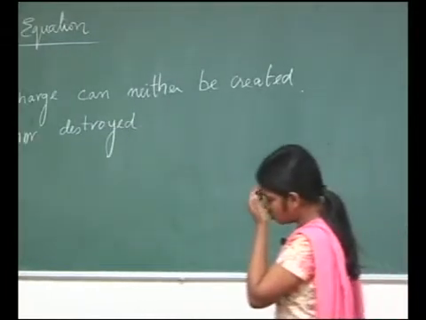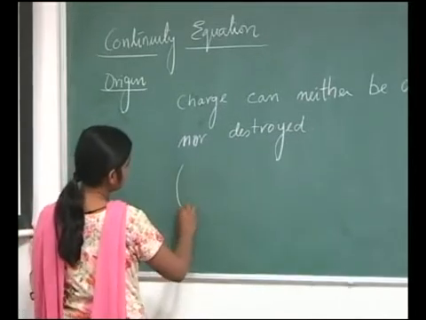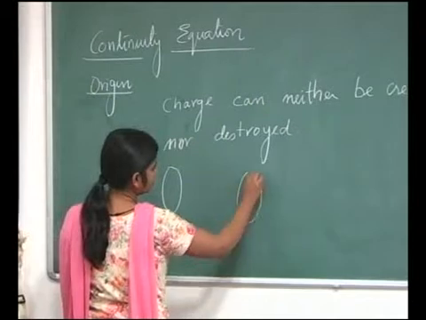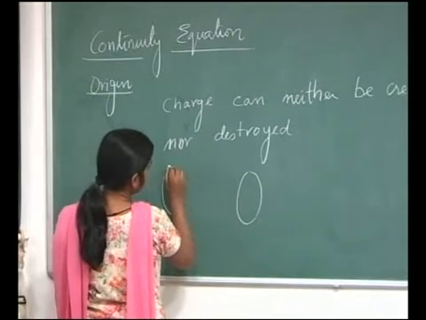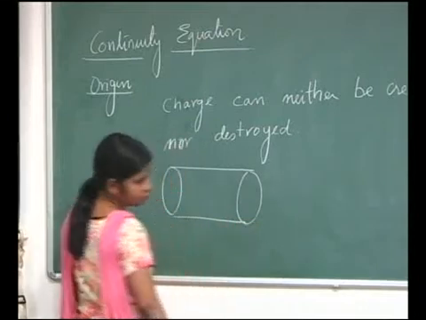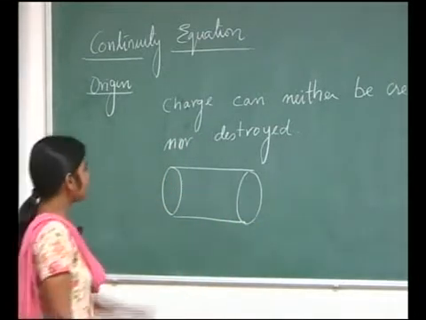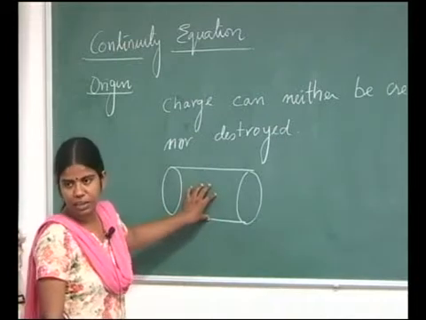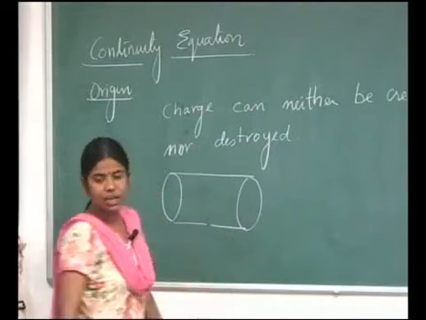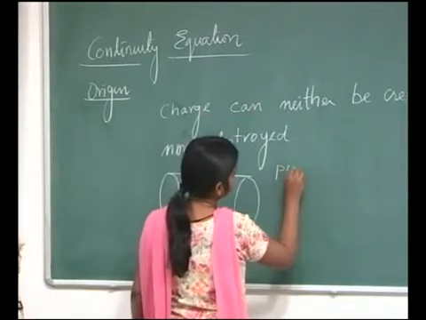So, suppose I have a small cylindrical surface. You can consider it as a wire or a pipe, and it is perfectly conducting.